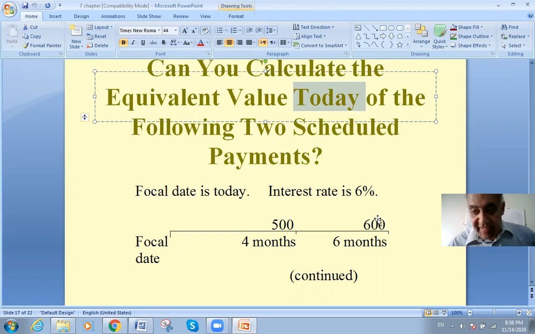I owe the bank, for example, $600 after 6 months. I just want to know what is the value of this $600 today. If I pay them today, the bank will give me a discount. They will be, of course, less than the $600. So let's go for the solution.